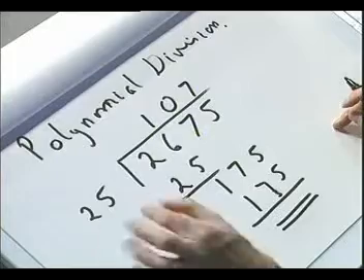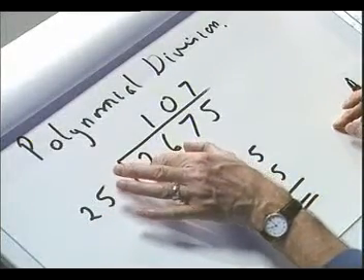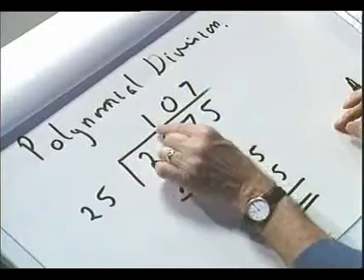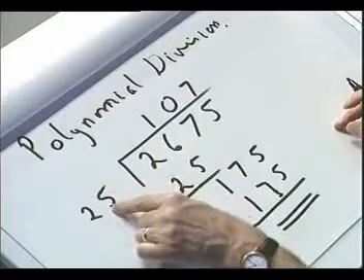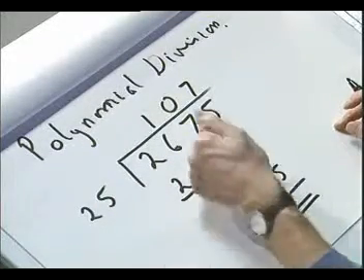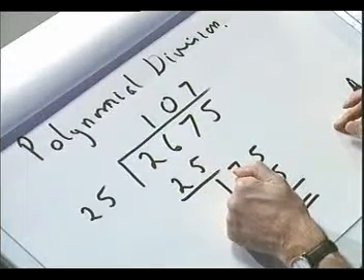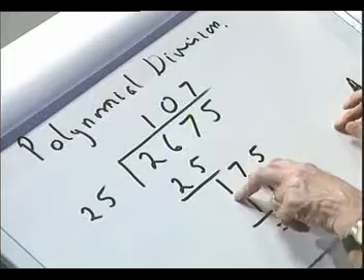Let's just look at what we did. We did 25 into 26, because that went. We then recorded that once that it went there, multiplied, wrote the answer, and subtracted. We brought down the next number. Asked how many times 25 went into it. It didn't go.